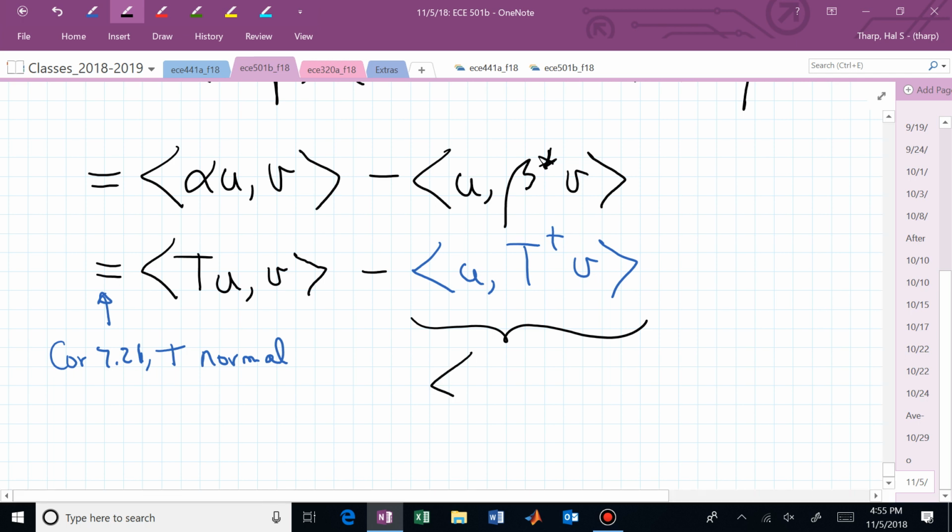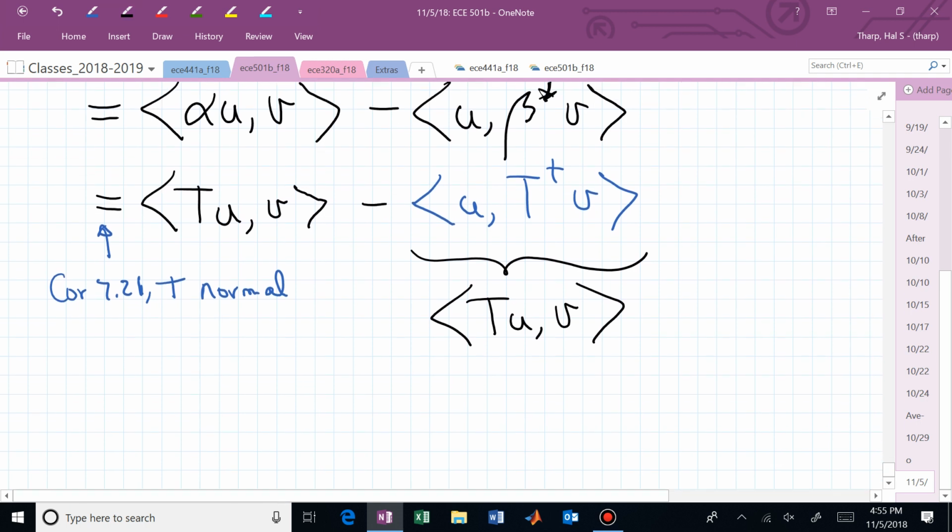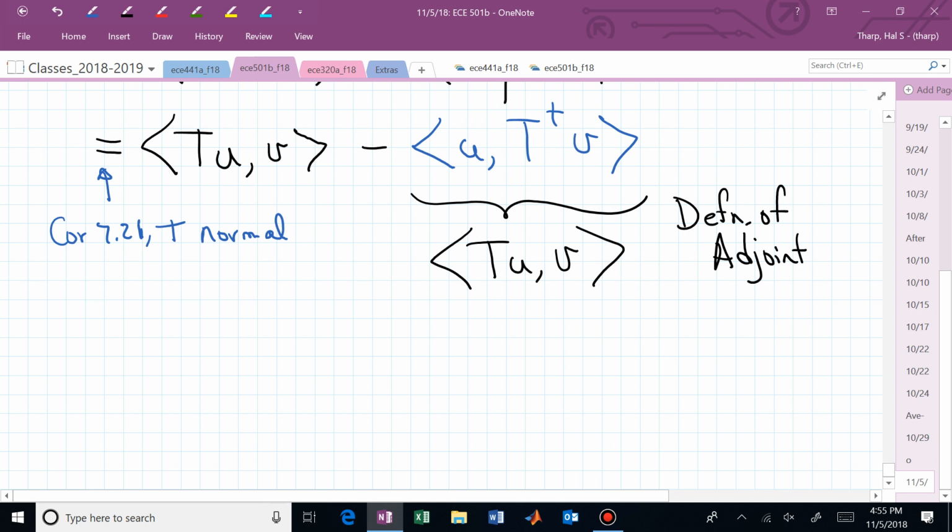And now that allows me to say, oh, that's tu inner product with v. So that now I have the inner product of tu with v, and I take away from that the inner product of tu with v. This was just the definition of the adjoint. And using t being normal, that allowed me to change beta star v into t dagger v. That's now equal to 0.